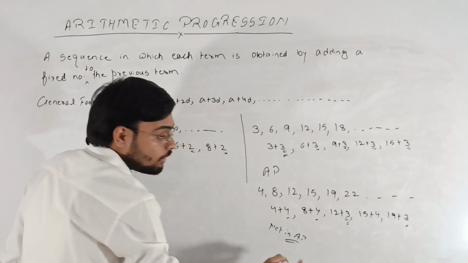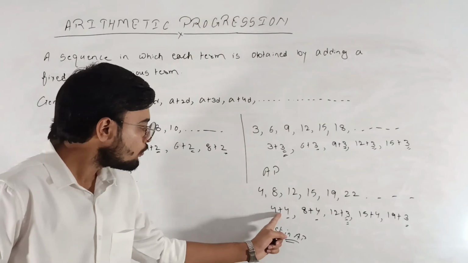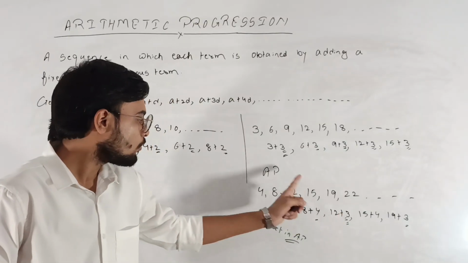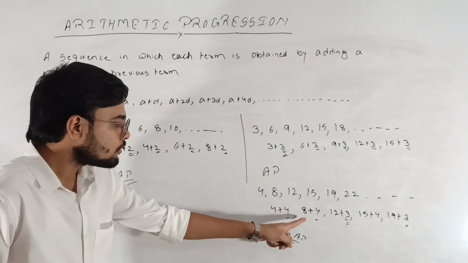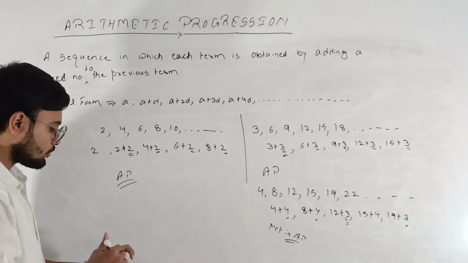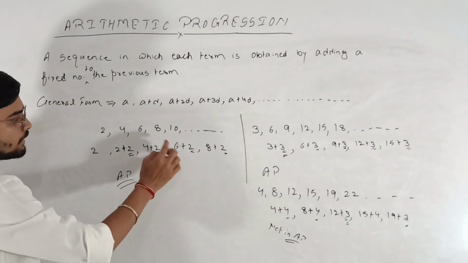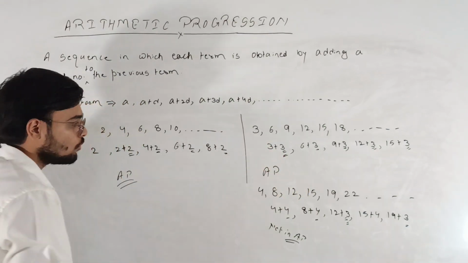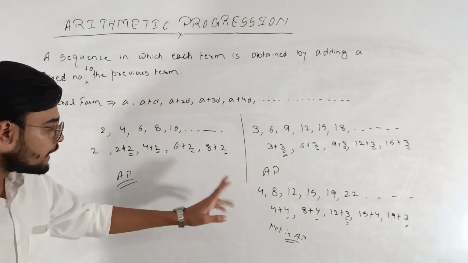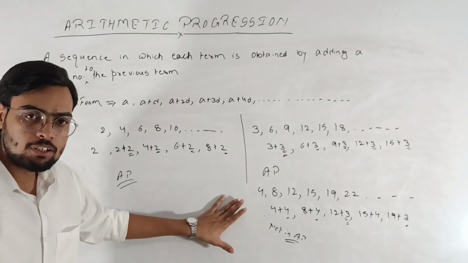Why? Because I don't add a fixed number. Sometimes I add 4 and sometimes I add 3 for obtaining this sequence. So this is not an AP because this is not a fixed number. In the other two I add a fixed number. In one case I add 2, and in the other case I add 3, and this 3 is fixed. So these two are APs and this one is not an AP.